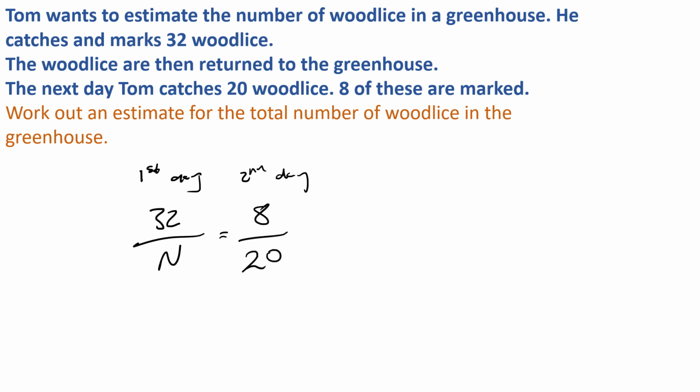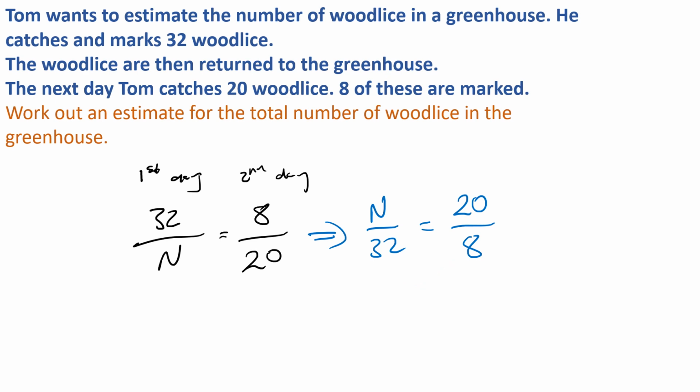We're going to do exactly as we did before. I'm going to flip both of these fractions. So on the left hand side, I've got n over 32 is equal to 20 over 8. Now, you might want to do the same steps as we did in the last question, but for me, I can see there is a clear multiplier between 8 and 32. 8 times 4 is 32.